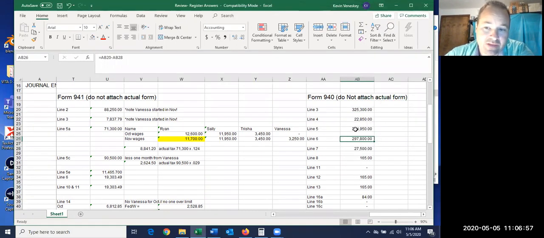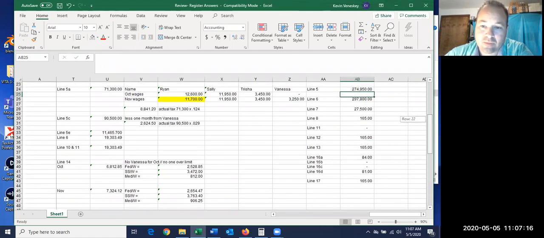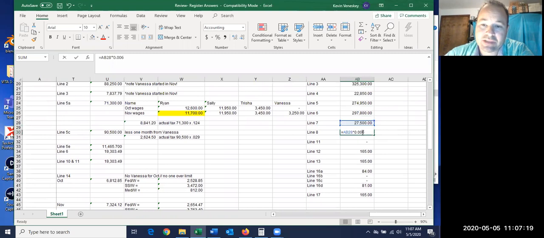And then this number has to equal this minus this, line 6 minus line 4, to say how much of the wages were over the cap, but not included in this original withholdings. So line 8, simply taking line 7 times 0.006. We had no penalties, nothing to repay, so line 11 is 0. That means line 12 is also 165.